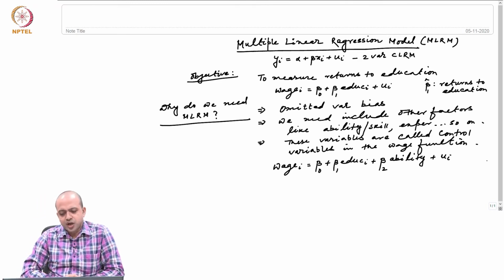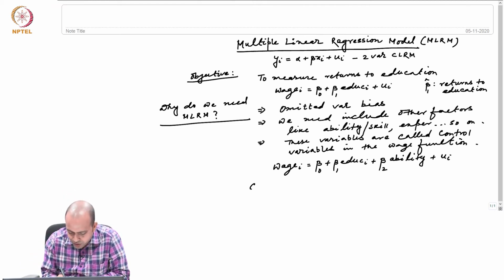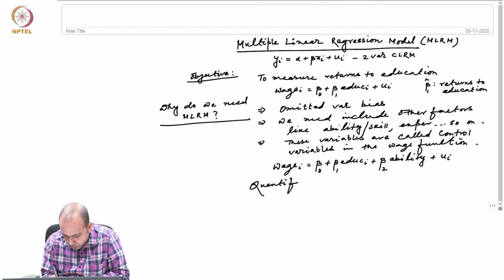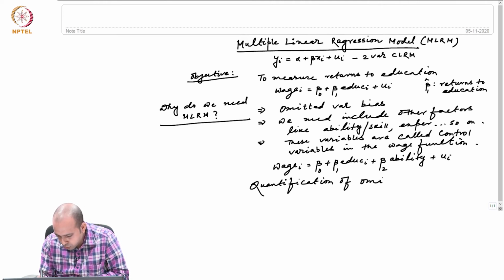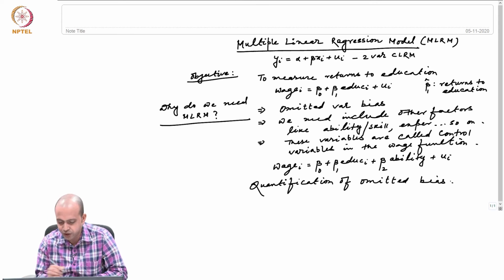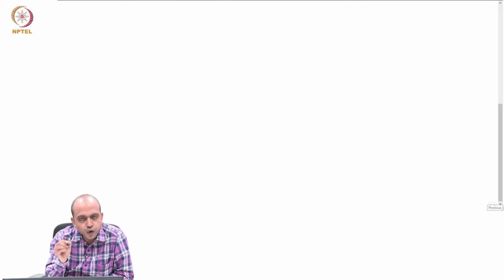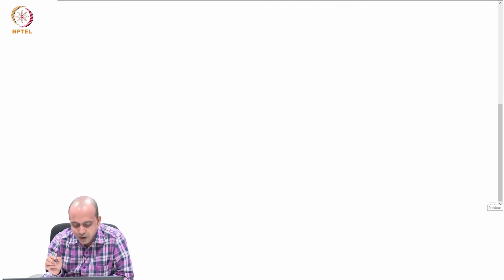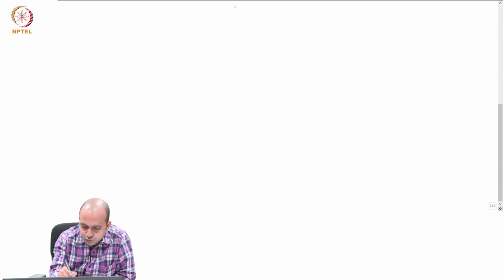Next, the question is, how do you quantify this omitted variable bias? So, quantification of omitted variable bias. How do you quantify? For quantification of omitted variable bias, we will write our true model like this.